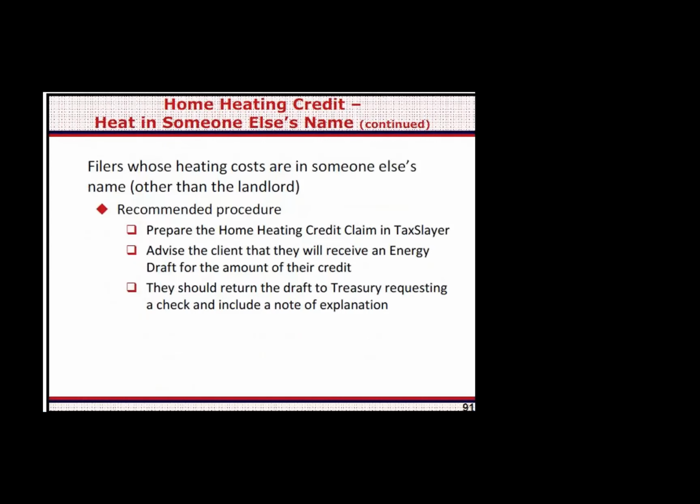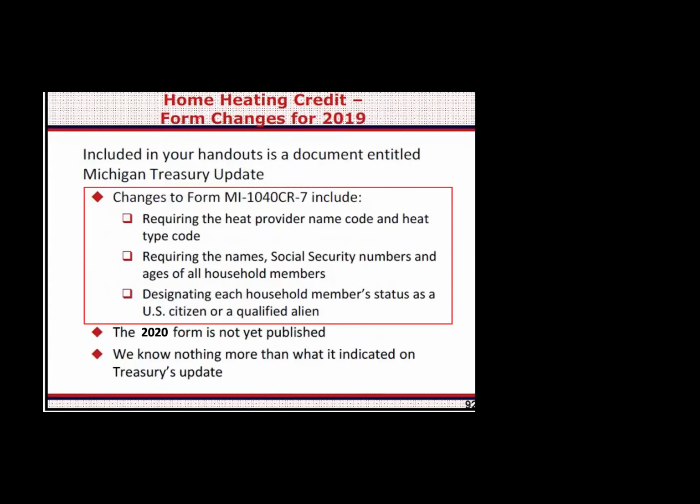This is the same thing. This happened last year. Now you have to provide the heat provider's name and the heat type code. That drop-down menu of the suppliers has been expanded. I think you remember last year there were some propane suppliers that weren't on there, but they've expanded it.